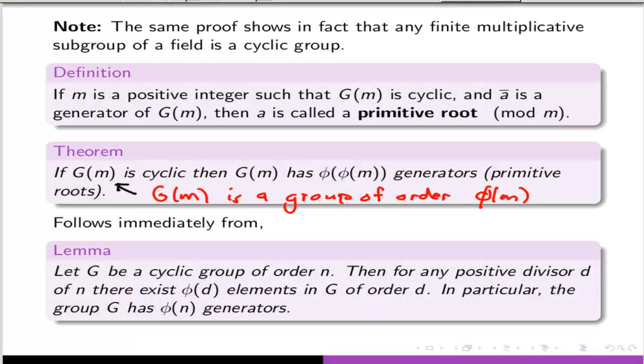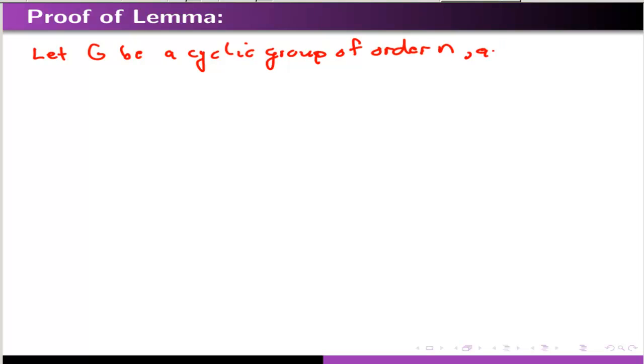Okay, proof of the lemma. So let G be a cyclic group of order n, and let d be a divisor of n. And I want to see how many elements there are of order d.